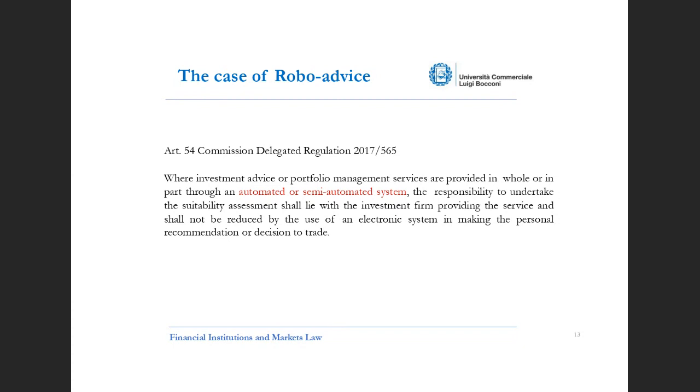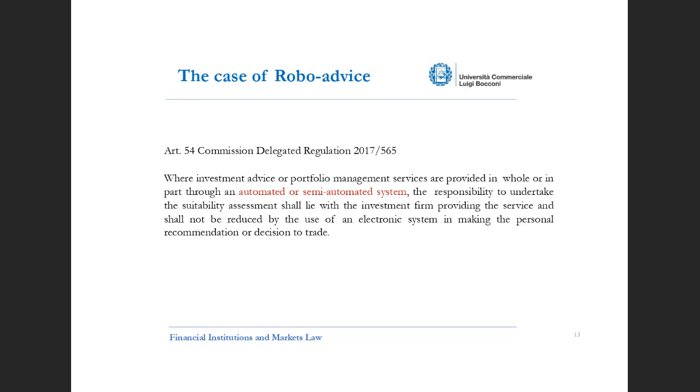Traditionally, the MiFID questionnaire was filled up by the client with the material assistance of employees of the investment firm. But now there is a strong tendency in the context of fintech of handling this process through big data, automatic client profile systems. And the question is whether we should in some way change or adapt MiFID rules in order to address what's happening in the case of robo-advice.